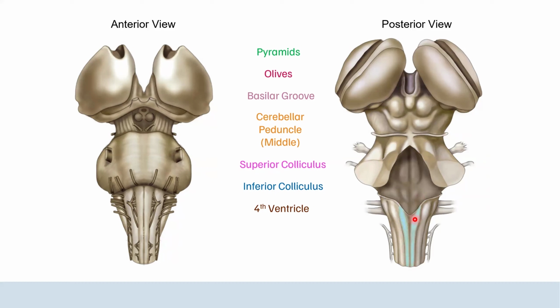Could you guys guess what this is? Fasciculus, okay. Gracilis, perfect. All right. Anyone else has any other guesses? Could it be another fasciculus?